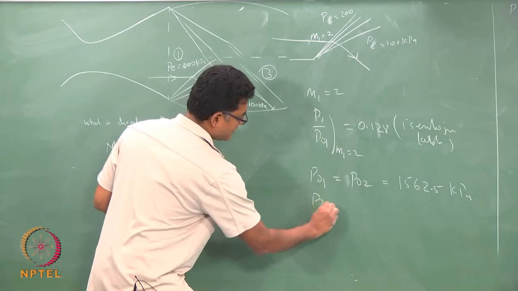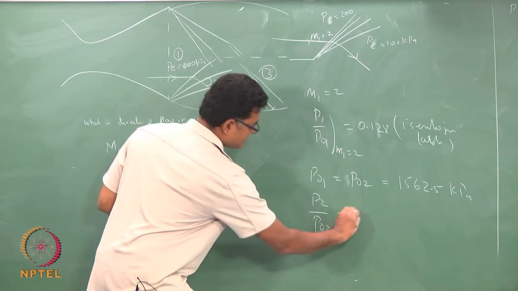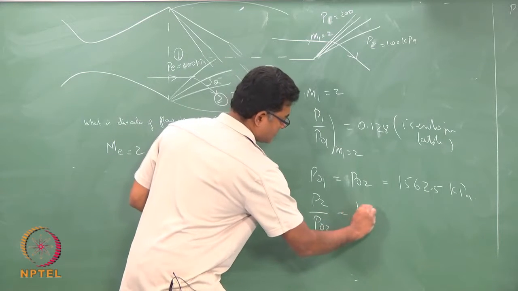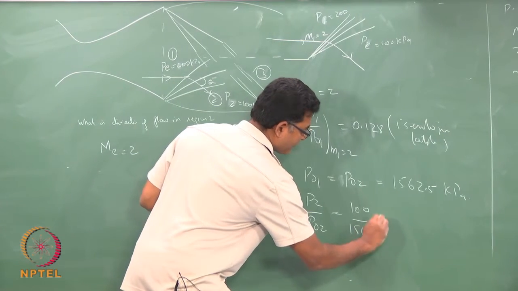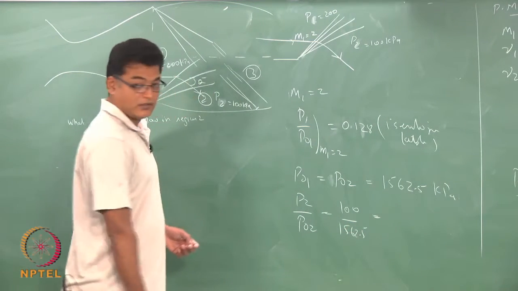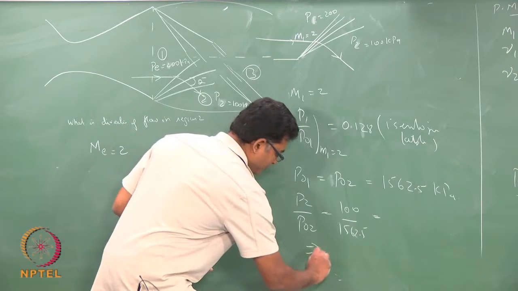Now P2 is given, so P2 by P02 is 100 by 1562.5, which would give me an M2.